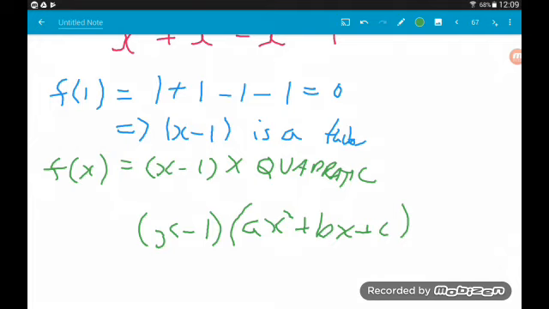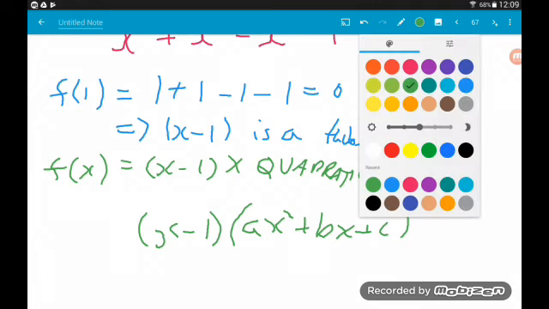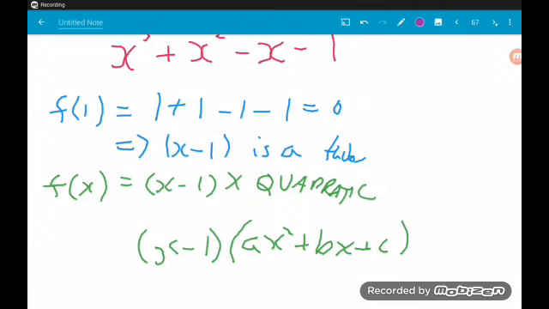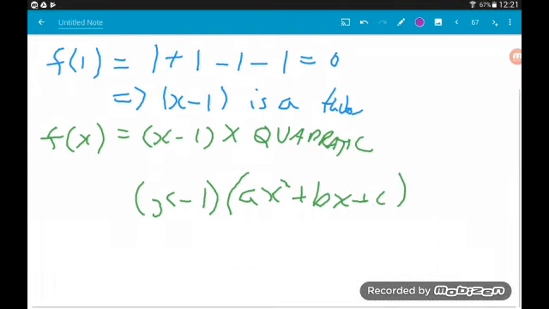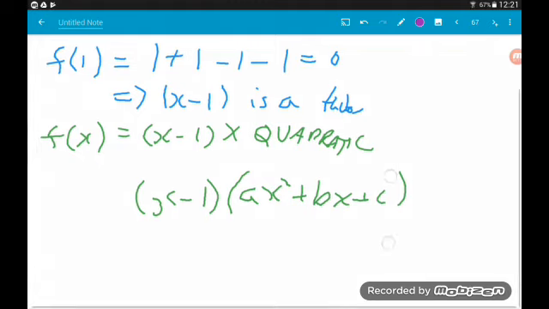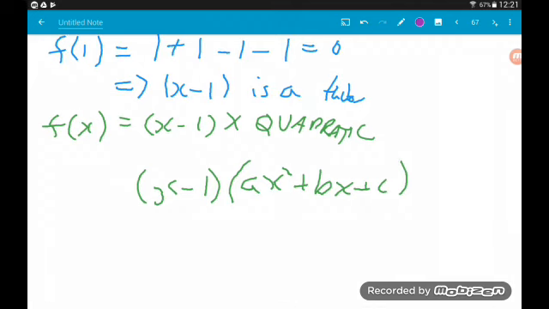What we do is equate coefficients. What does that mean? Well, let's first think about the x cubed term that we would get if we were to expand these brackets out. We're not going to do the whole expansion because that would be far more work than we need. The only x cubed term we get from this expansion is x times ax squared, which gives us ax cubed.